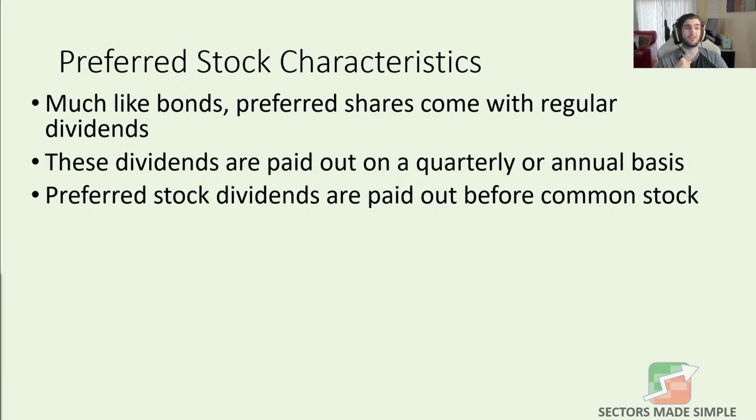That's not how it works for preferred. Preferred, you're given access to the fast lane. It's like buying the fast pass at Six Flags. So what you end up getting here is a fixed dividend rate. When you buy that preferred stock, they tell you what your dividend amounts will be, and that is annual. Like clockwork, every year you get those dividend payments, and it's the same percentage, more or less.